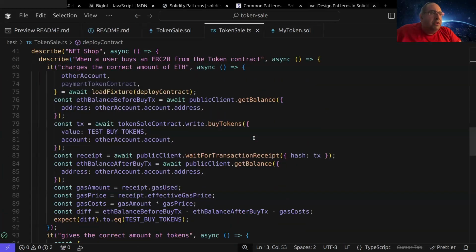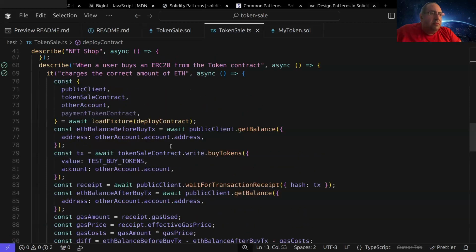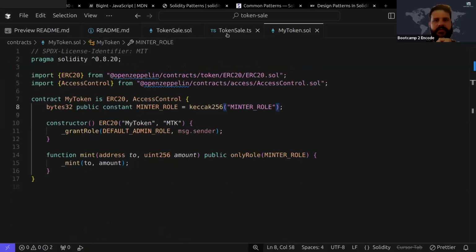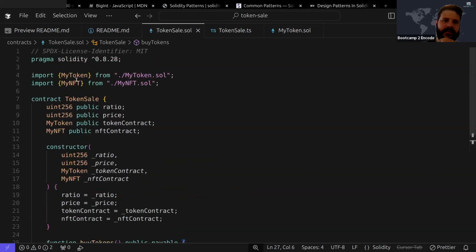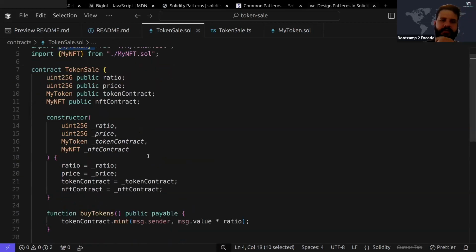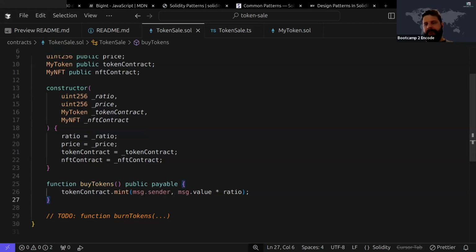Okay, could you show me the token sale token contract.mint? We are picking that from the my token contract that we used on Monday. Okay. Yeah.